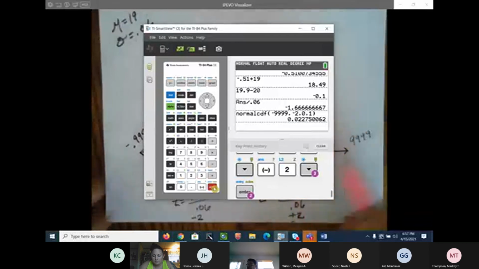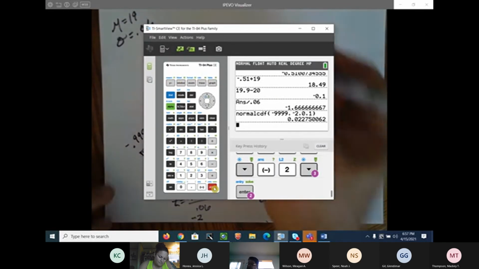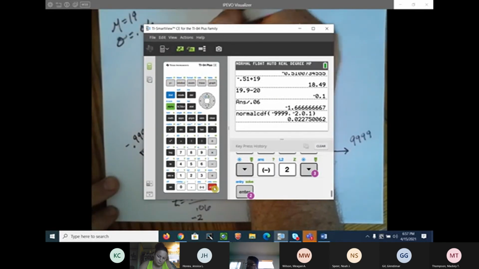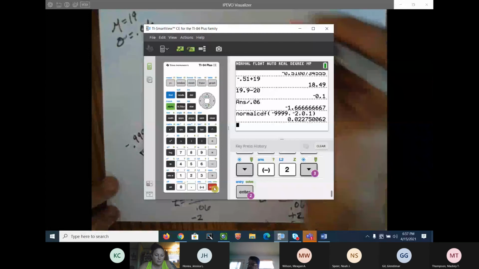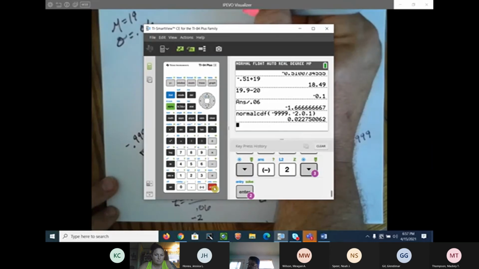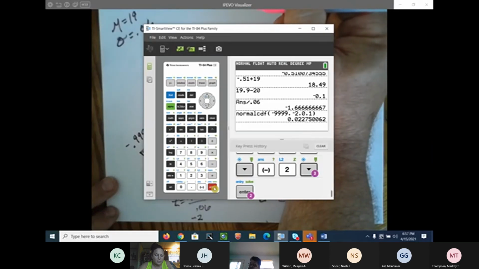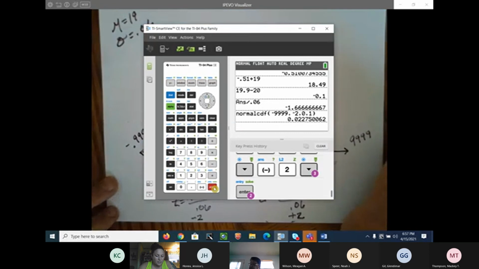0.0228. And now what do you do to get the final answer? You add them together. And I'm going to put it at the top with a box around it. Does 0.0228 plus 0.0228 sound right? 2 cents and 2 cents is 4 cents.